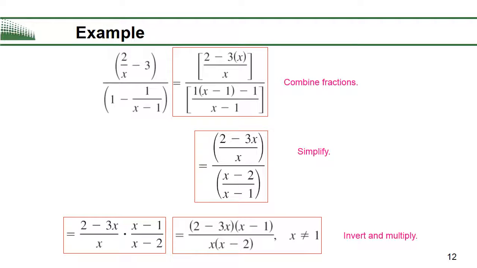Now you'll notice that x can't be 0. x also cannot be 2. That's obvious from the simplified form. However, we need to add in that x cannot be 1 because if you look at the original, on the denominator, we have 1 over x minus 1. So that denominator there cannot be 0. And I forgot to mention x also cannot be 0, but that's also obvious from the problem itself.